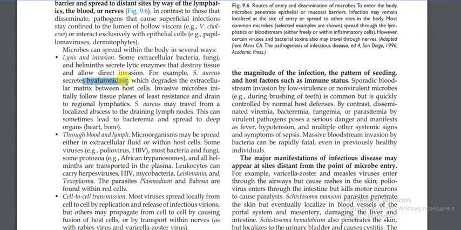With hyaluronidase, it degrades the extracellular matrix and makes it fluid-like, causing purulent inflammation, as you remember.